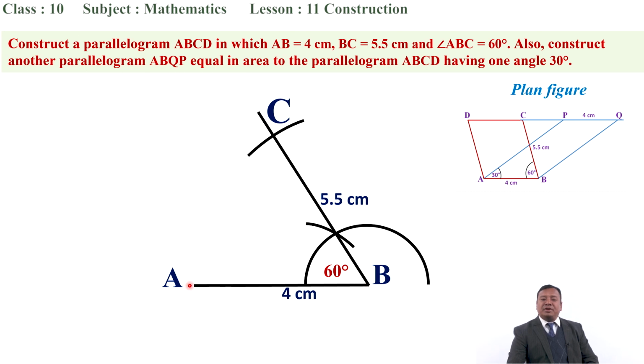BC is 5.5, so we can cut from A 5.5, an arc here, and from C it is given AB 4 centimeter, so from C you can cut a 4 centimeter arc, and the intersection of those two arcs is the point D. For this, look, from point A we have already measured BC, or you can place the point of compass here and the tip of pencil here, then it is exactly 5.5 centimeter because we have already measured it, yes?